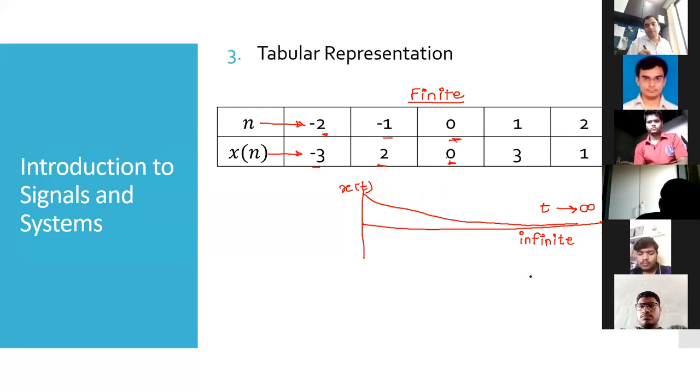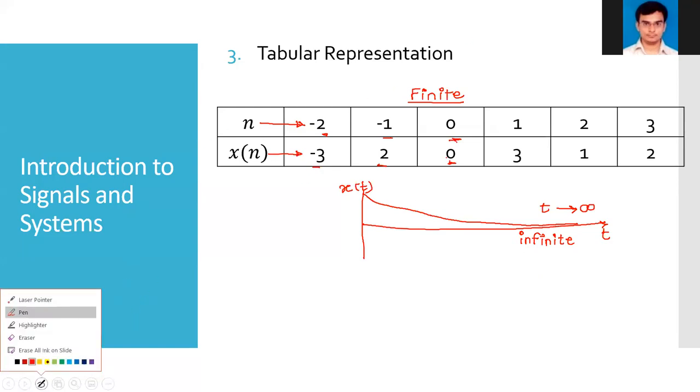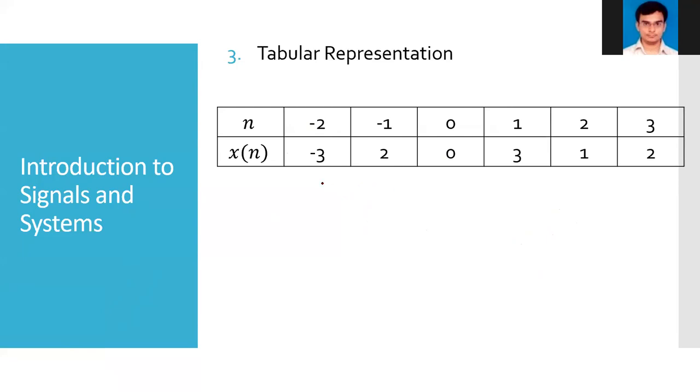And then I must define the function of this particular signal. But tabular representation is possible in case of finite signals. Understand? Okay. So I hope tabular representation is clear.